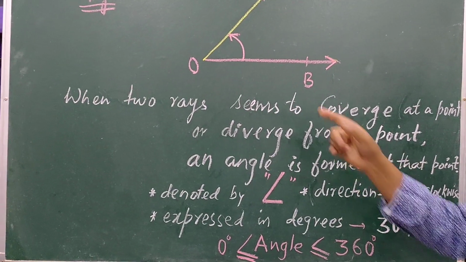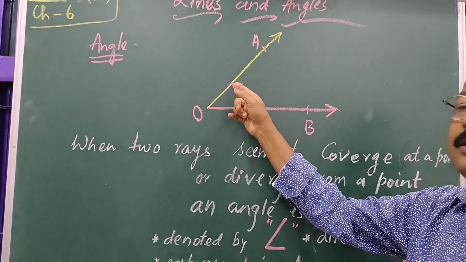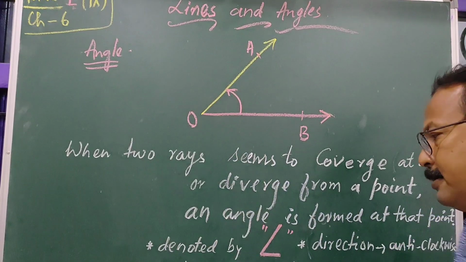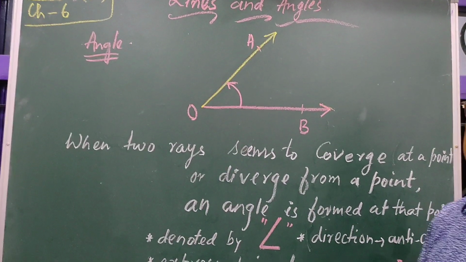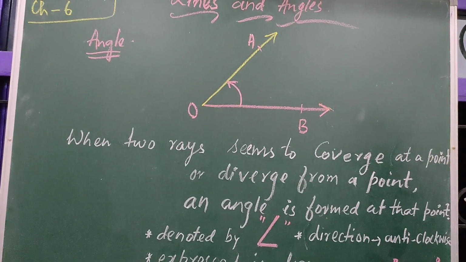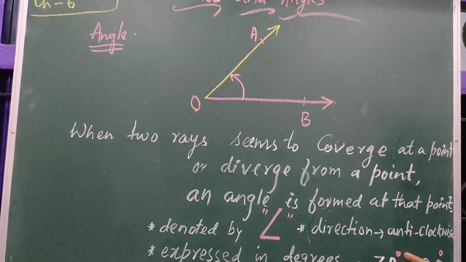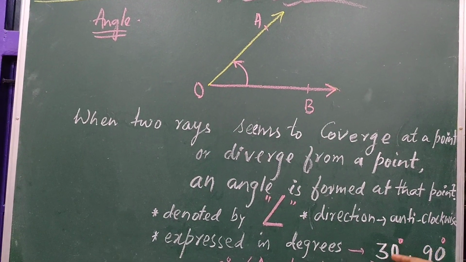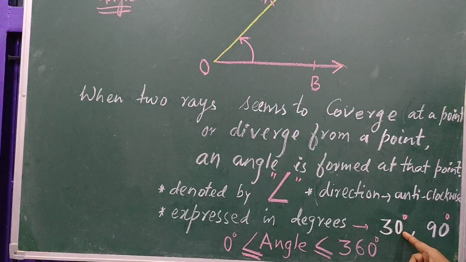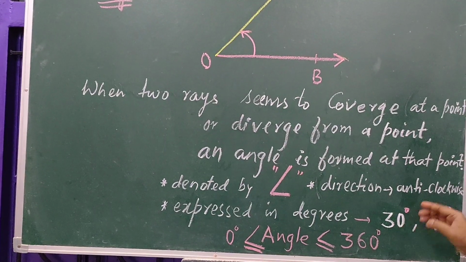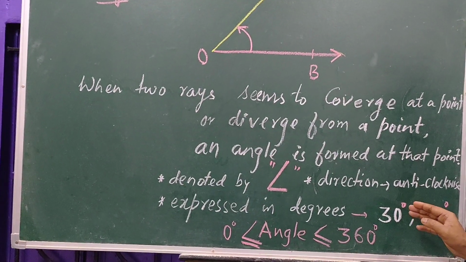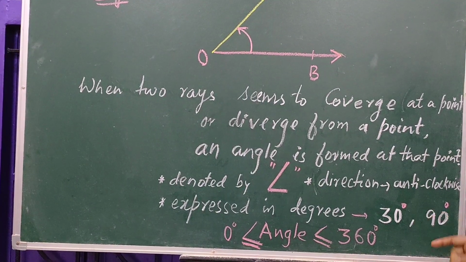The direction of an angle is always anti-clockwise, and angles are usually expressed in degrees, putting a small circle on a number or variable at the upper right corner.